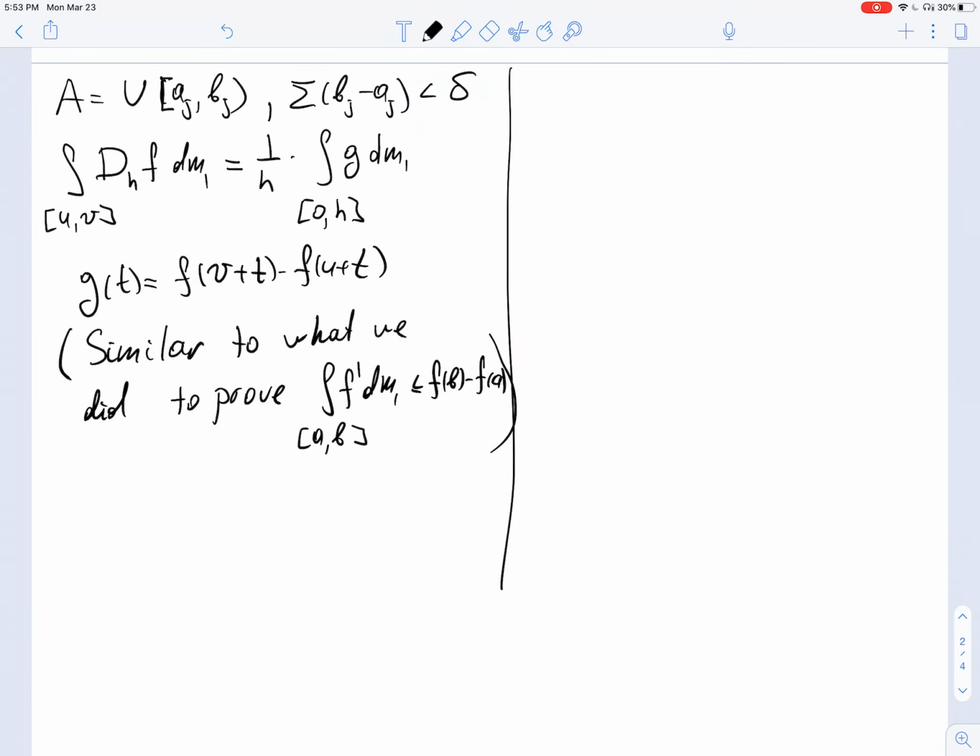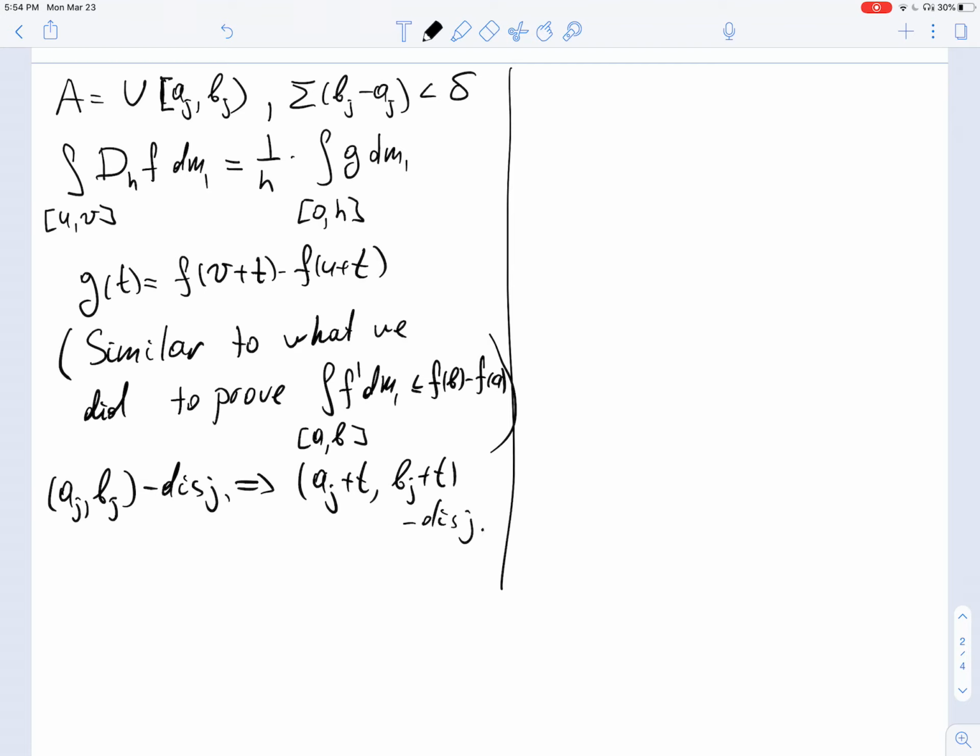Okay, so now if we have these intervals disjoint, if the half open ones are disjoint, then these are also disjoint. Then the shifted intervals aj plus t, bj plus t are also disjoint.